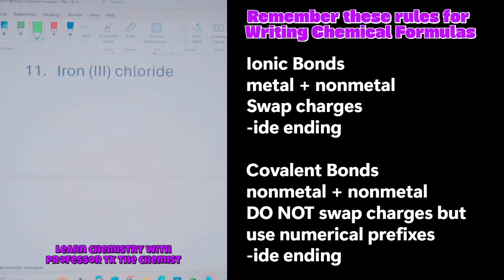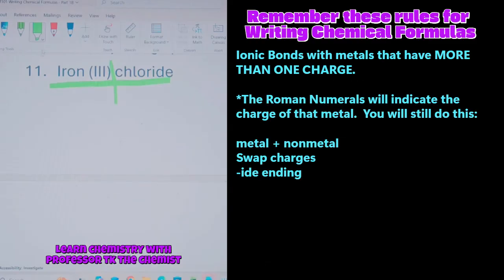But guess what? In these next examples here, we're going to deal with Roman numerals, and those Roman numerals are going to do what? It still holds the same, but Roman numerals tell you what element has what charge. So iron has a +3 charge because check this out, guys. Iron actually has more than one charge.